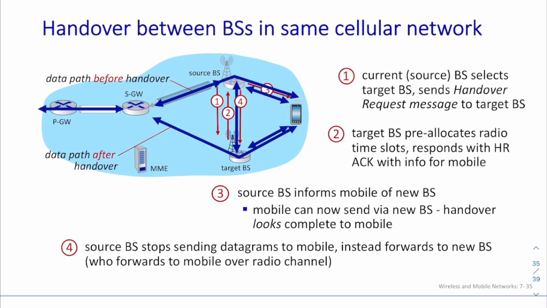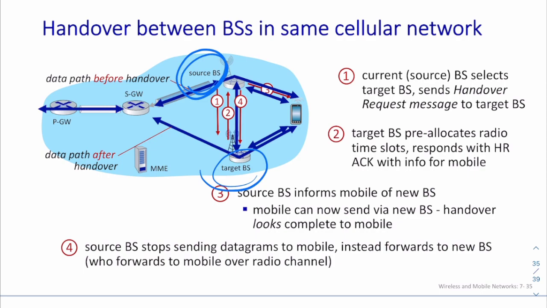That is another topic: when you hand over between different towers. That is how it works, and basically it is still very simple. Step number one, we have a source base station and a target base station, and we switch from the source tower to the target tower.